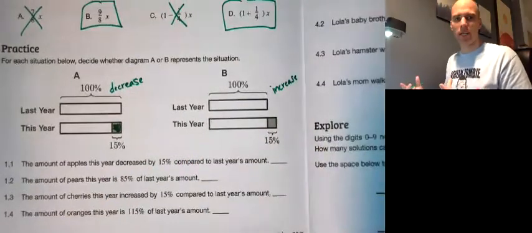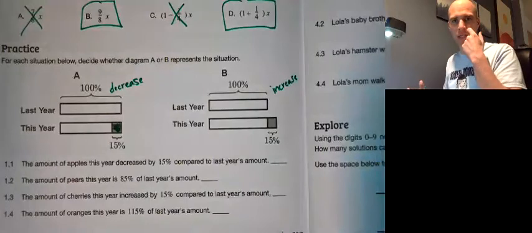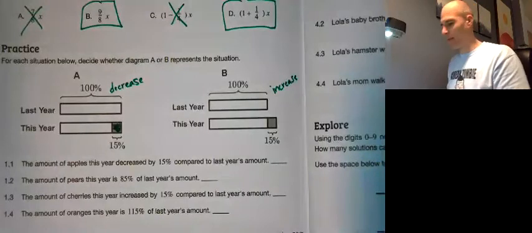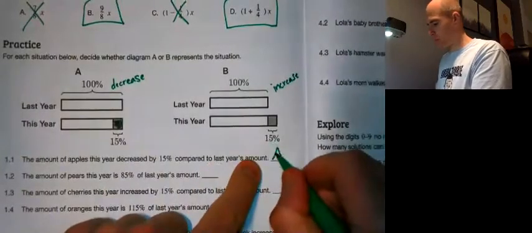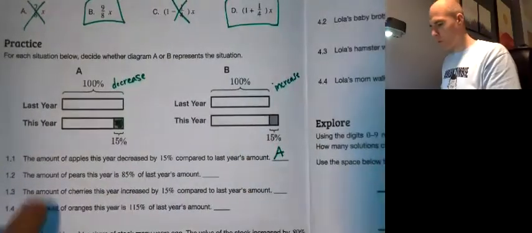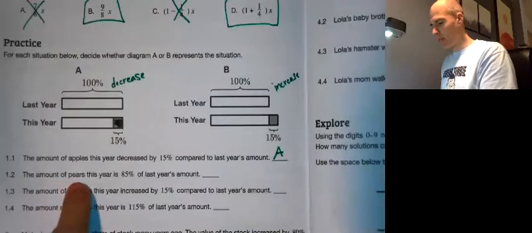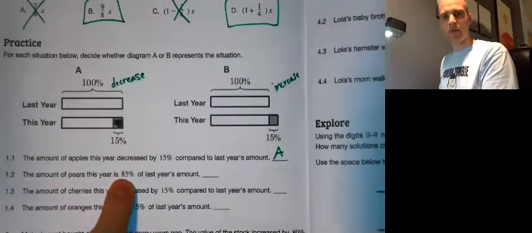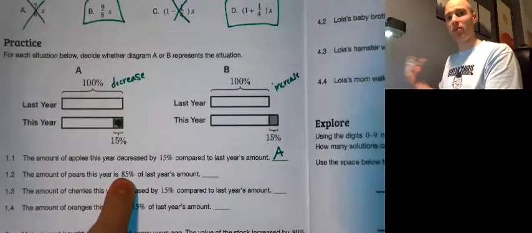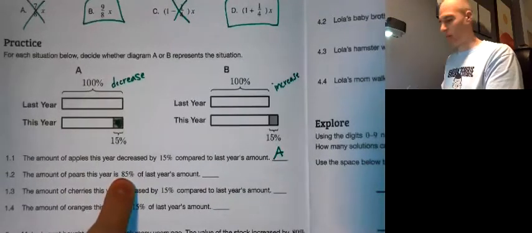It's pretty much as simple as that. If the question's about a decrease, I'm probably going to pick A, and if the question's about an increase, I'm probably going to pick B. So 1.1, I'm going to say it's diagram A. 1.2, the amount of pears this year is 85% of last year's amount. Having 85% of some other amount is the same as a 15% decrease from that amount.